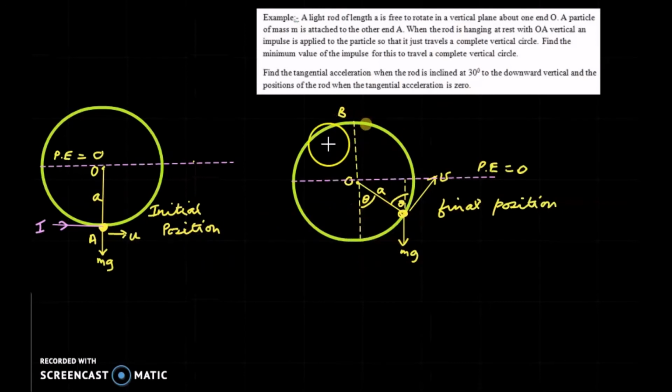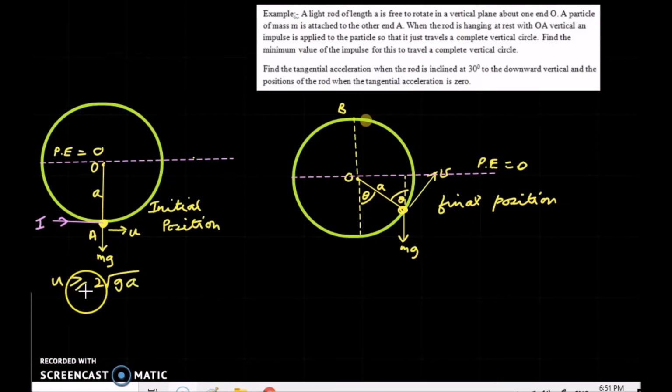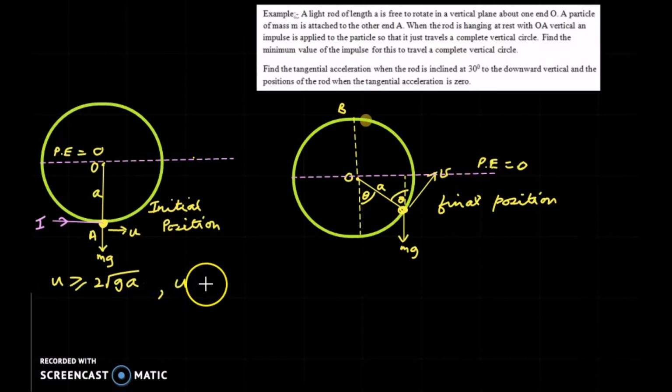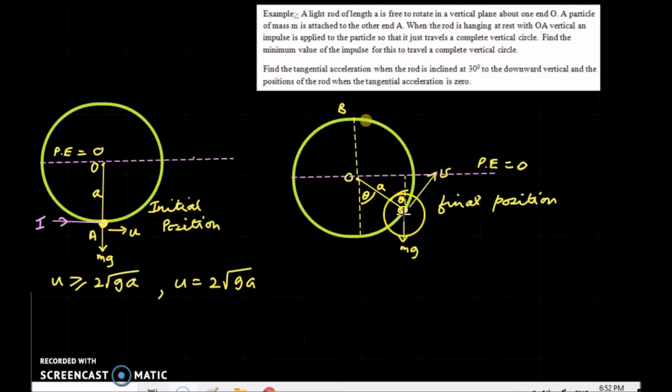If the particle just travels a complete vertical circle, what should be the condition? u should be equal to 2 square root of ga. This horizontal velocity should be equal to 2 square root of ga. Then this particle just describes a complete circle.